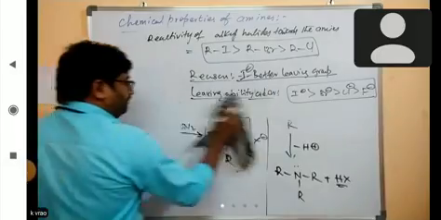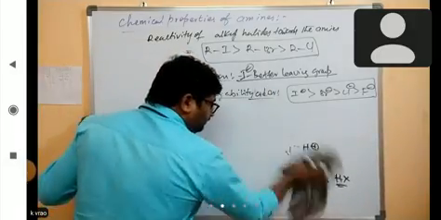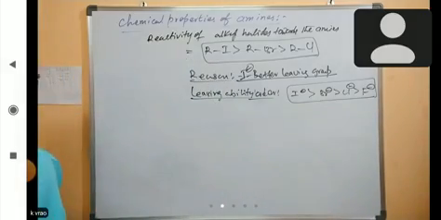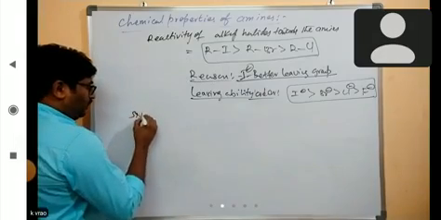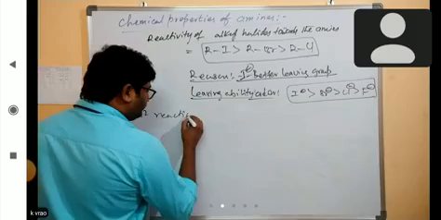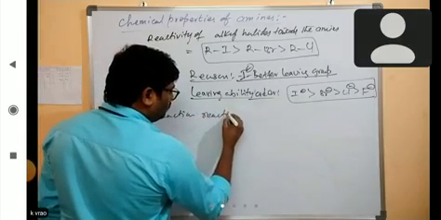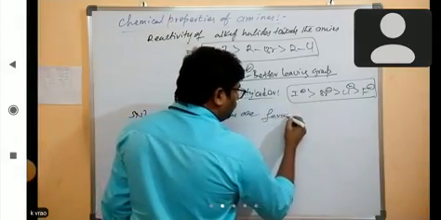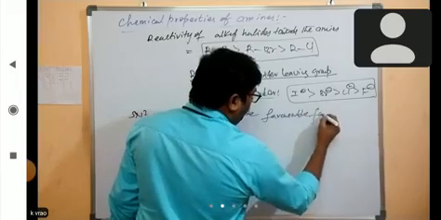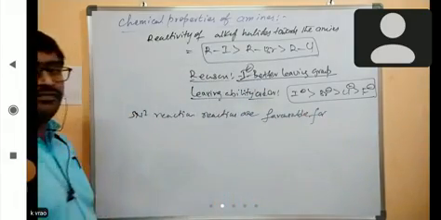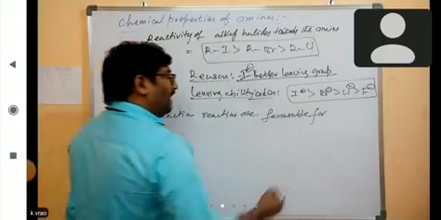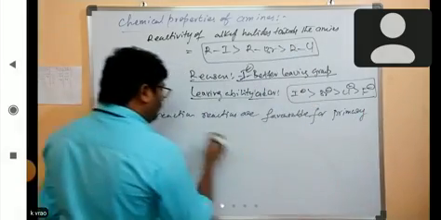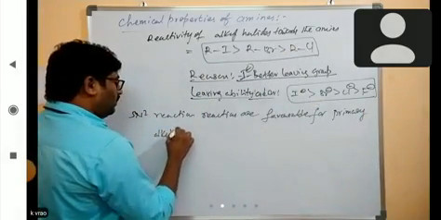Next, factor number 2 for the SN2 reaction of the amines. We know SN2 reactions are favorable for primary alkyl halides.